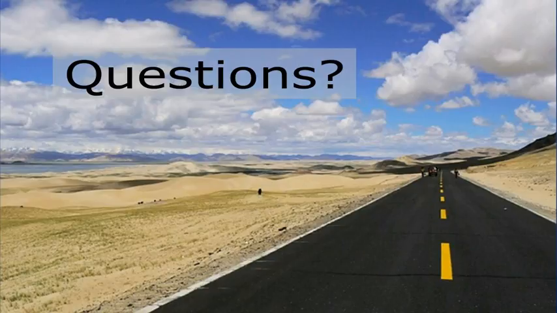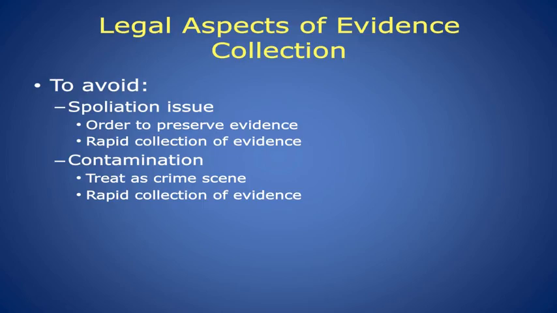Some of what we discussed during the question and answer period is some items that I'm going to talk about a little bit later. But when it comes to legal aspects of evidence collection, we want to avoid the spoliation issue. Most recently I've had tractor-trailer accidents where one of the units, either the power unit or the trailer, was not involved.